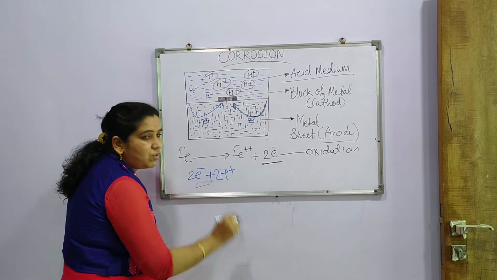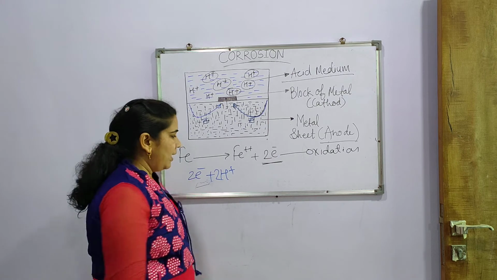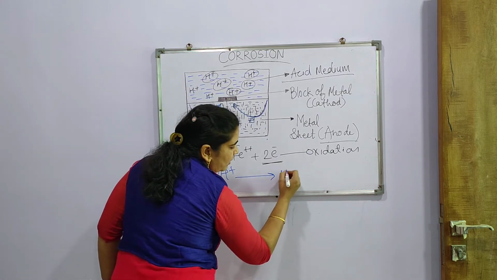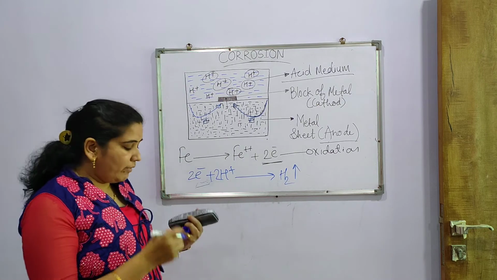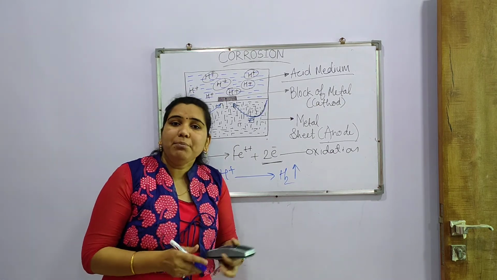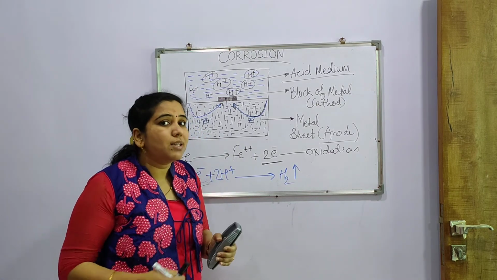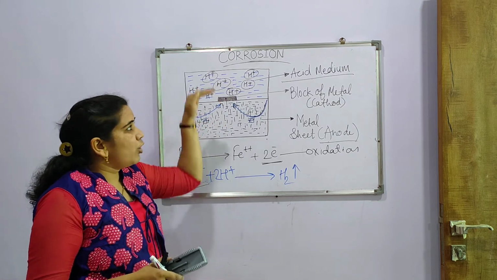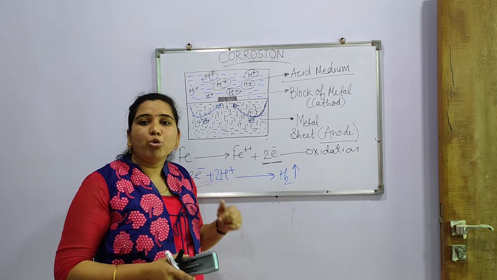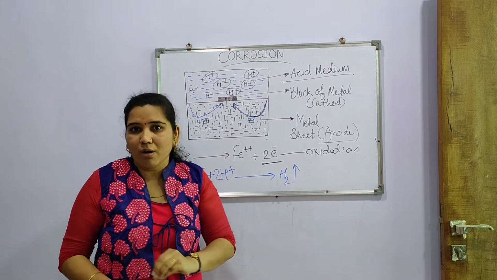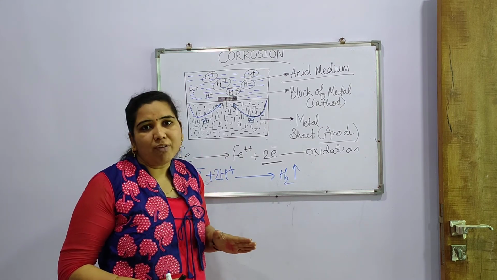So 2 H positive ions will be required, and in this way at last we get H2 gas. So H2 gas will be evolved. Whenever any metal in contact with another small metal is in contact with acid media, there is a possibility of corrosion due to the removal of hydrogen in the presence of acid medium.